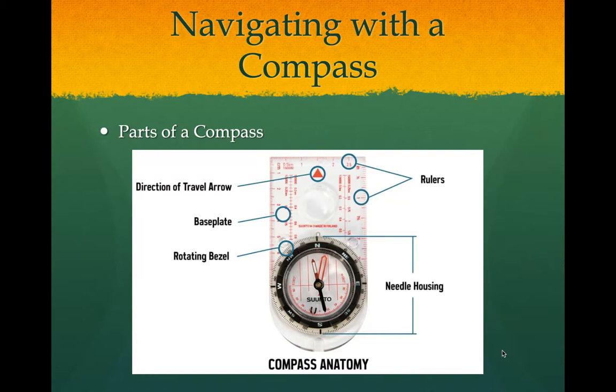So I do have several compasses that I purchased for natural resources, and hopefully cohorts A and B will be able to get in and actually look at some of these things.